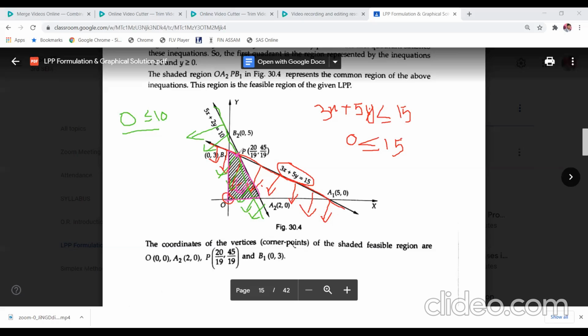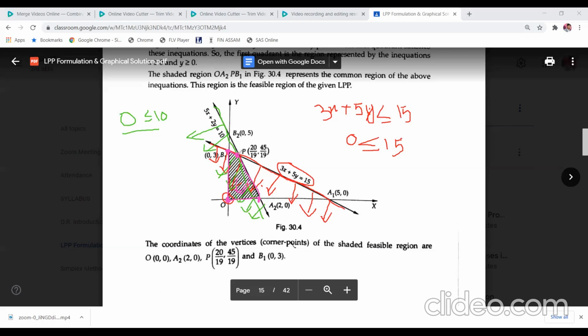First corner point is this one. Then here one corner point, this one. And this is the origin, another corner point. Then this is another corner point. So we have 4 corner points: 1, 2, 3, and 4. This corner point is obviously the origin, and this corner point you'll get from the x-axis, and this one from the y-axis.